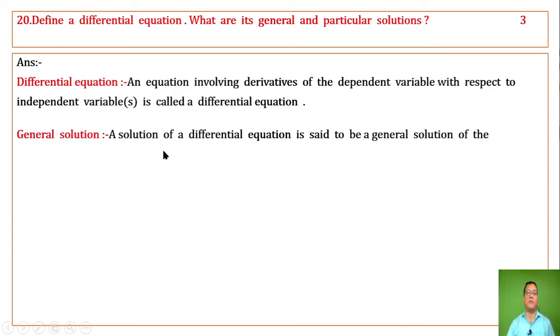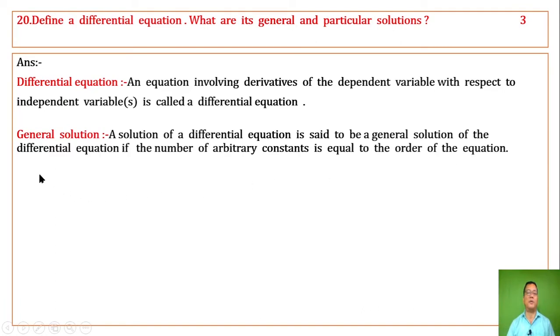A solution of a differential equation is said to be a general solution of the differential equation if the number of arbitrary constants is equal to the order of the equation. A solution of a differential equation that has arbitrary constants equal to the order of the differential equation is its general solution.